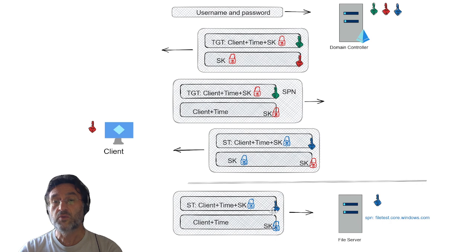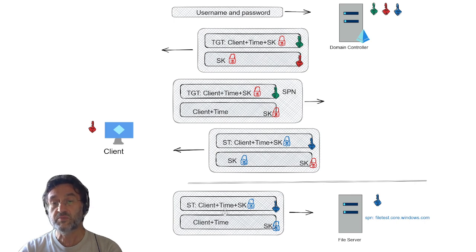The server now can pick the service ticket and decrypt it because it's encrypted using his key. He can access the client, the time, and the session key used for the client and file server to talk. With this session key, he can decrypt the second message, pick the client and time, and then match.